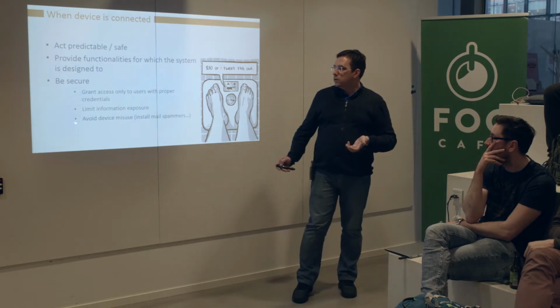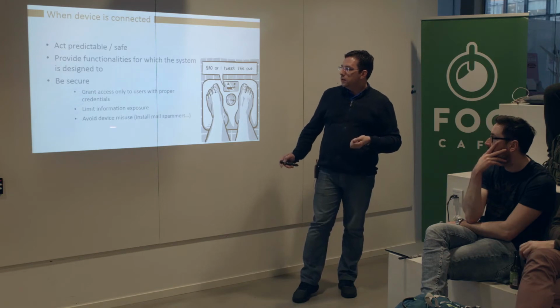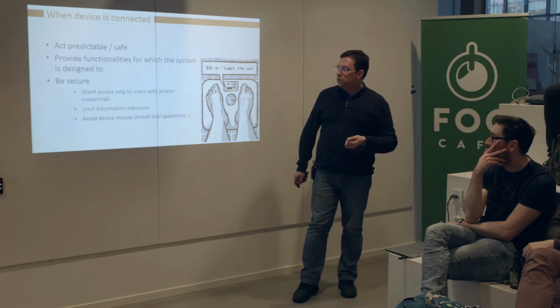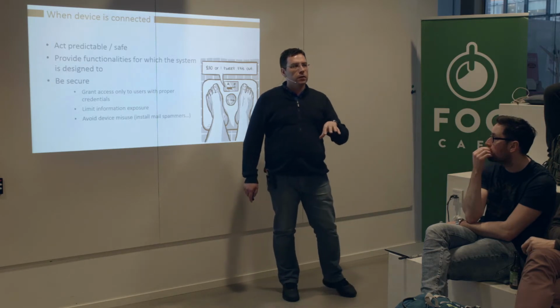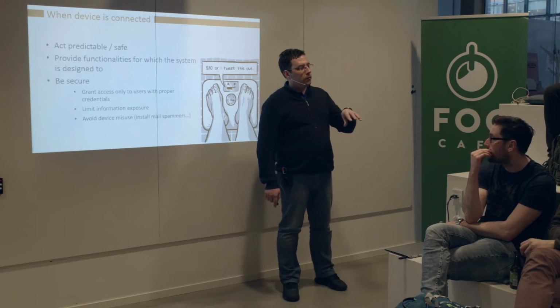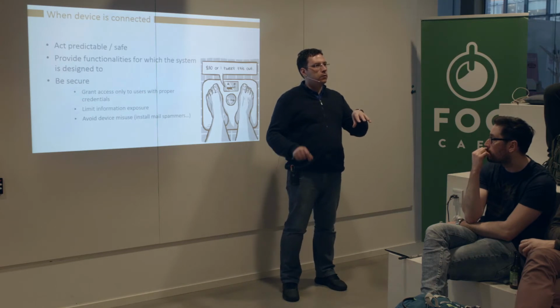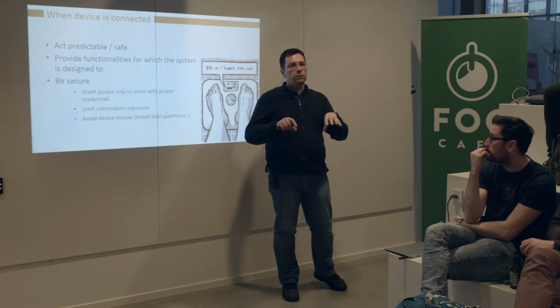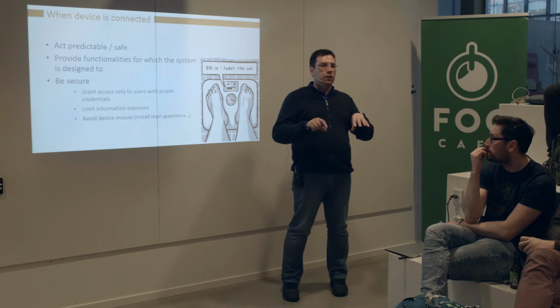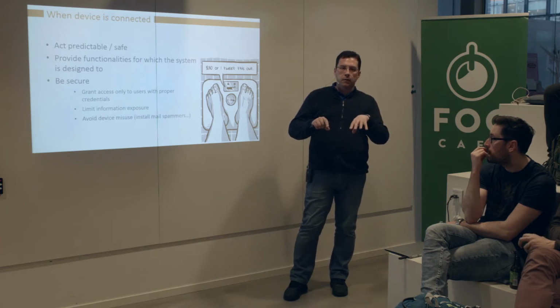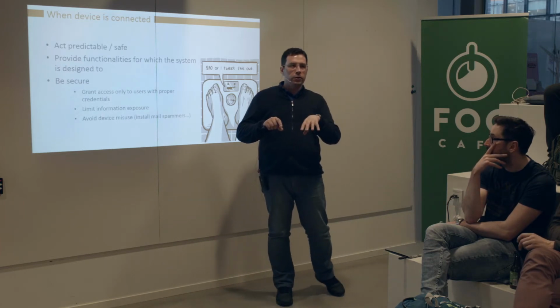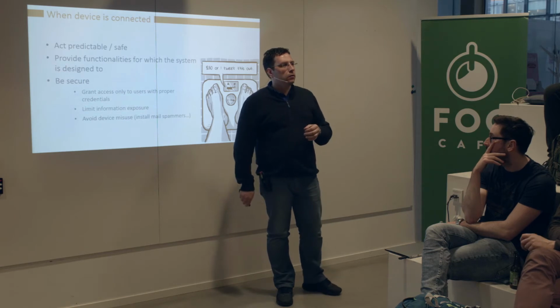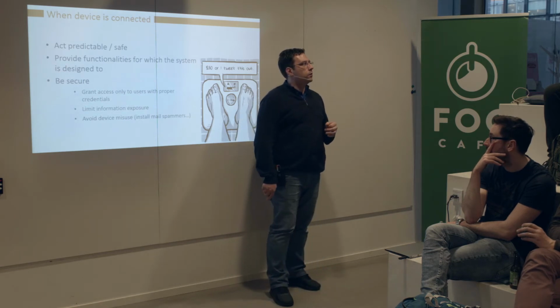Something similar goes with avoidance of device misuse. For example, there are many cases in which internet-connected devices had a malicious operating system on which it was possible to install, for example, mail servers which push a lot of spam mails through the devices.